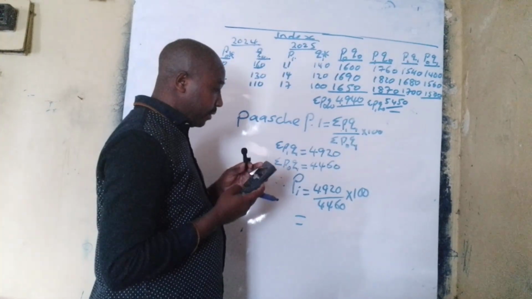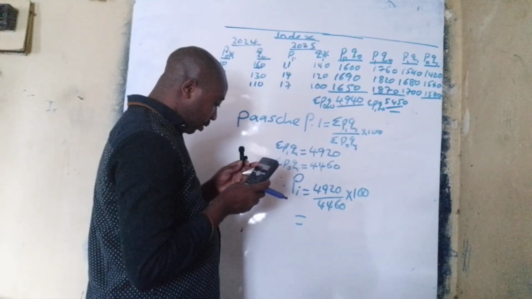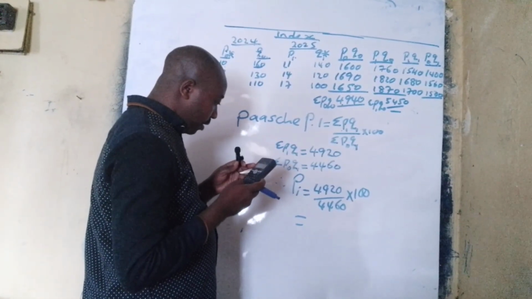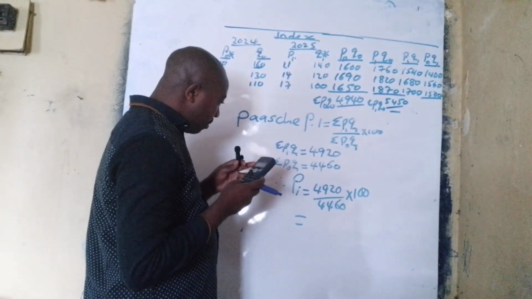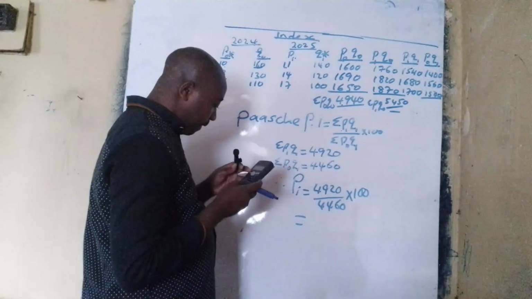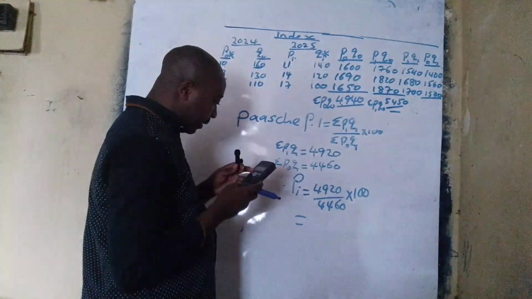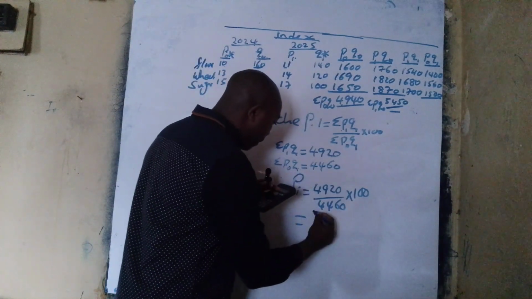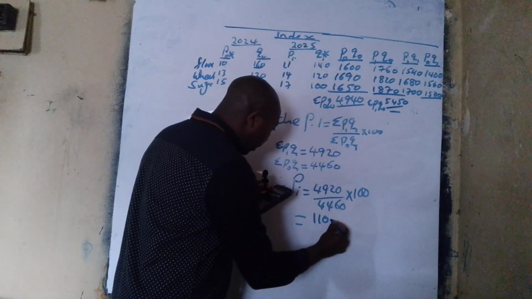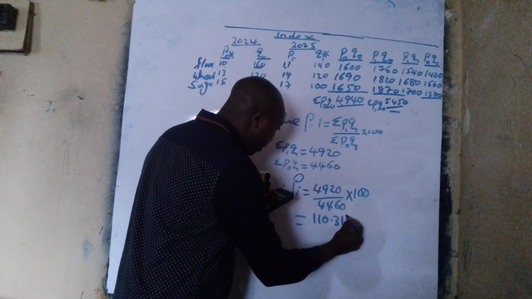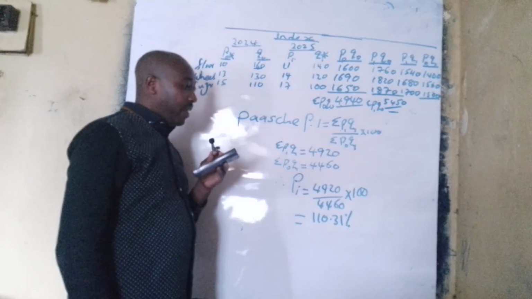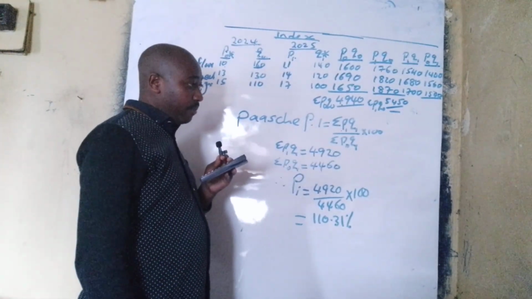Make it percent. 4920 divided by 4460, answer times 100. We get 110.31%. That is the Paasche price index.